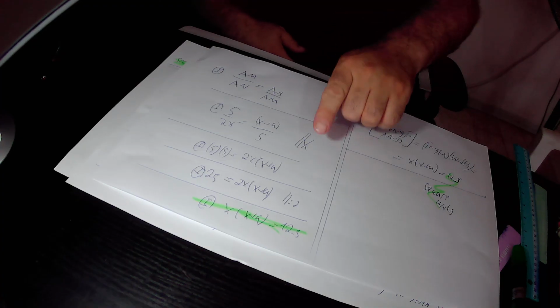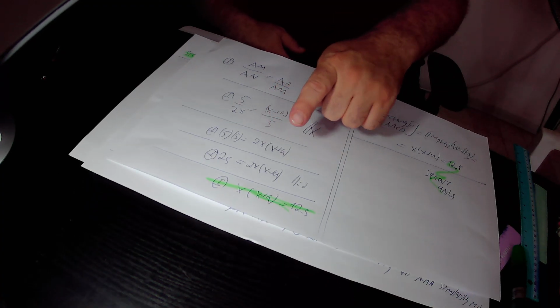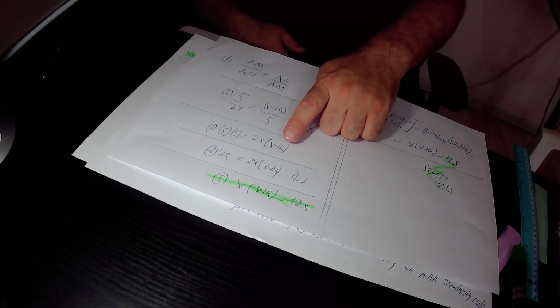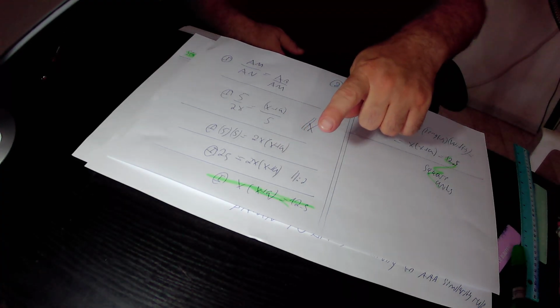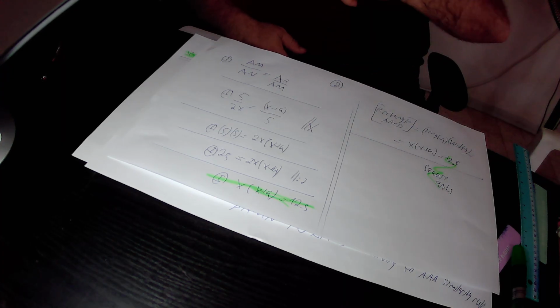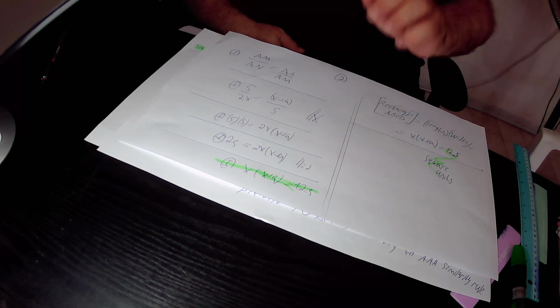Dividing equation 1 by 2, 25 over 2 is 12.5, and this equals x times x plus a. So in total, x times x plus a equals 12.5.